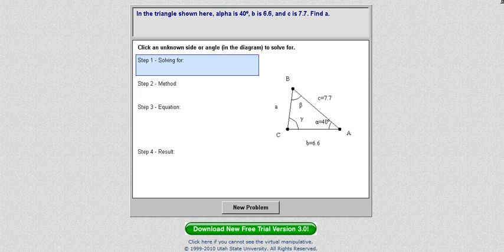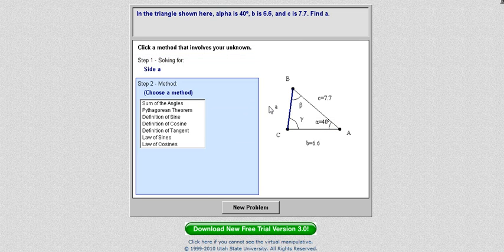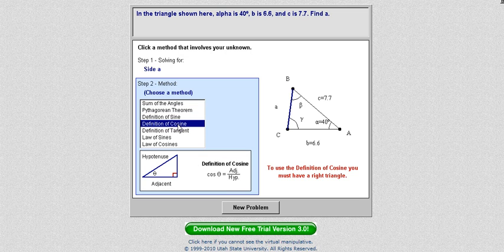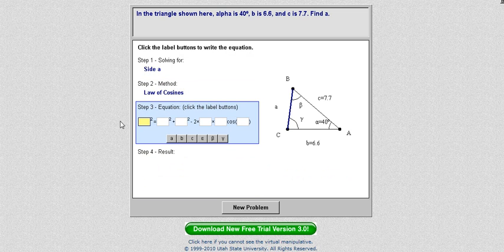And the law of cosines is going to allow me, with one angle and two sides, to solve for the third side. So I'm going to go ahead and use the law of cosines here. Not the definition of cosine, sorry. The law of cosines.